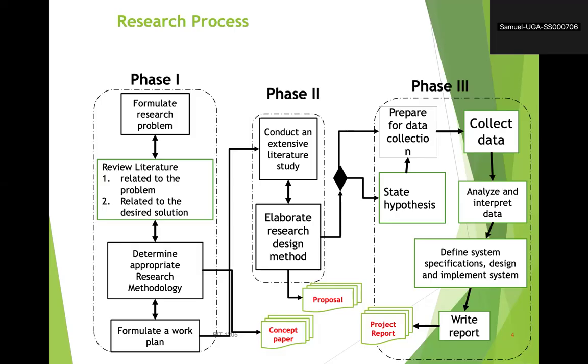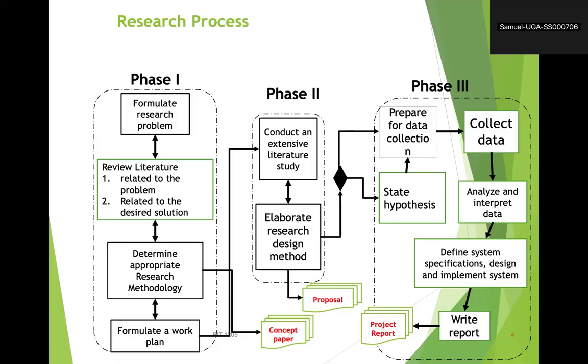Like the only literature you're supposed to review should be in line with what you are trying to solve, as well as what you're trying to propose, meaning that it should contain the problem domain as well as the solution domain. Then determine appropriate research methodology, how you want to approach it.